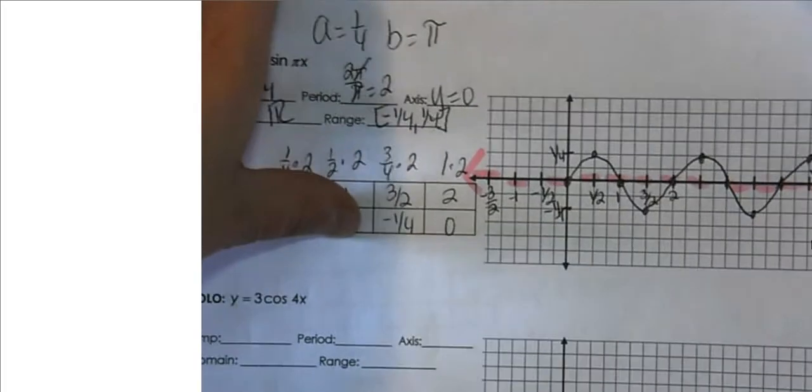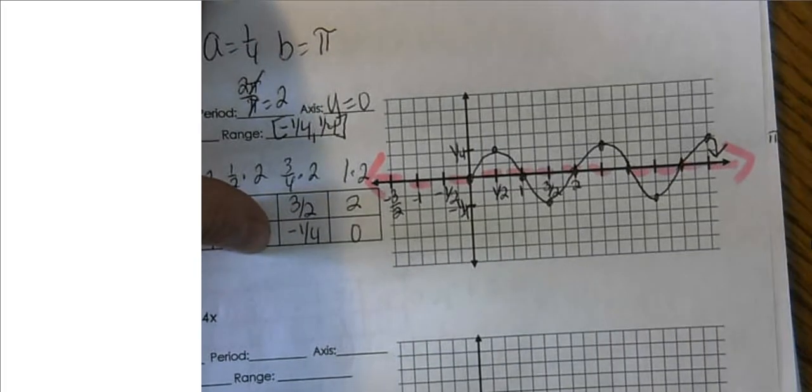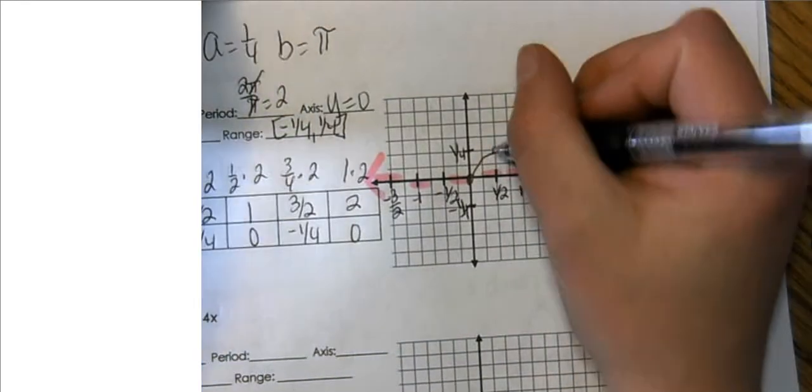And I'm going to continue with this pattern of 0, up, 0, down, 0, up, and I'm going to draw my wave. And I would anticipate that my next point is going to be pointing down. So now going backwards, I'm not going to go up.